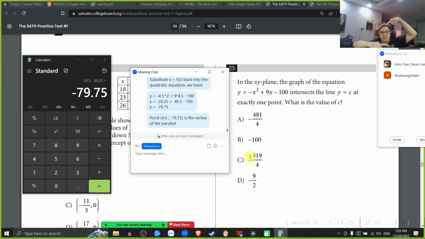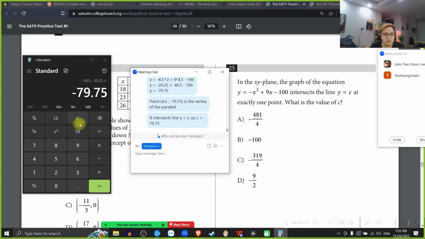And then it intersects line y equal to C at that point. So it means C has to be equal to minus 79.75, since it intersects line y equal to C.